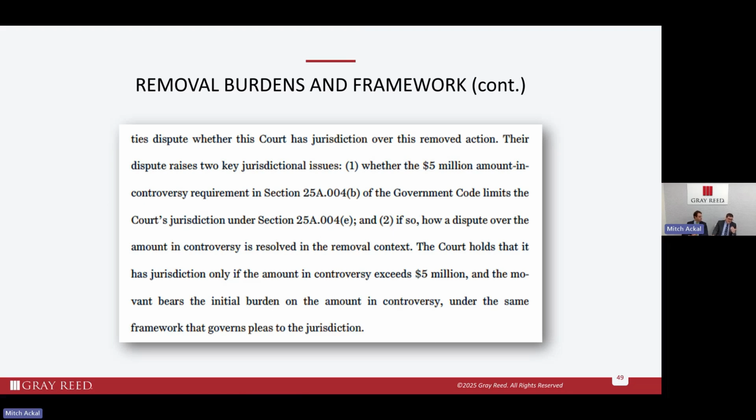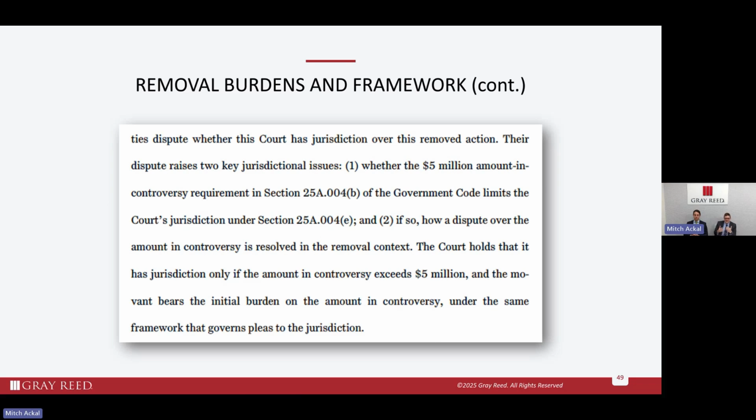And again, to me, it raises more questions than it answers, because for pleas to the jurisdiction anyway, there are more questions after this, right? For a plea to the jurisdiction, after that prima facie burden, the next question is, does the issue go to the merits of the case? For an internal governance issue, for example, we know there's a $5 million amount in controversy question.